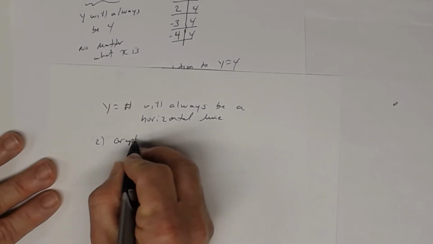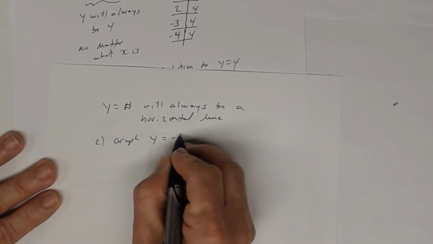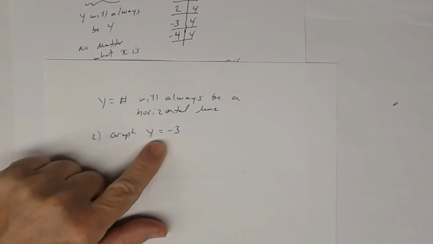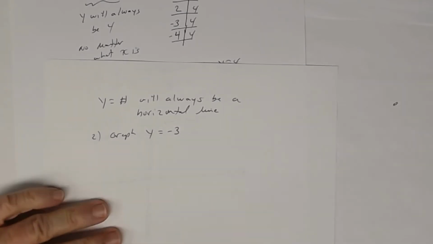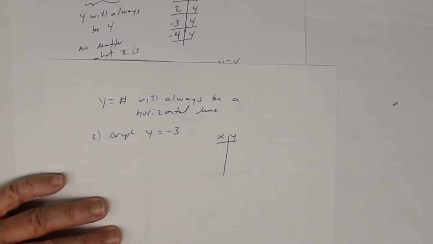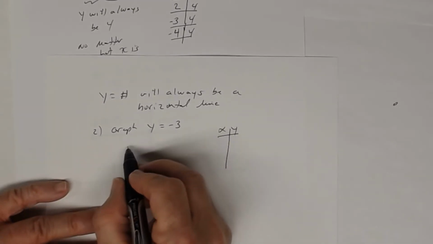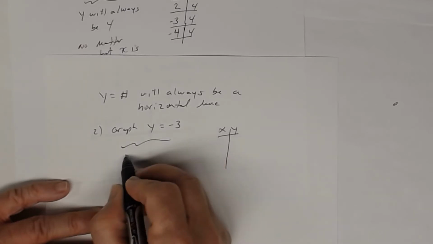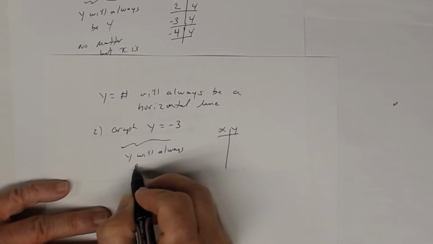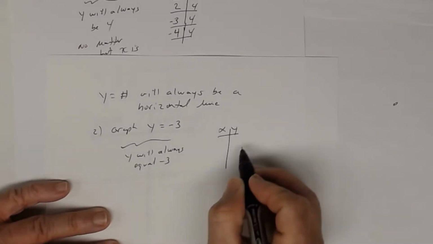Let's go ahead and graph y equals negative 3. Well, to graph y equals negative 3, notice there's no x, right? So if I think about this in terms of a t-table, what this means is that y will always equal negative 3.